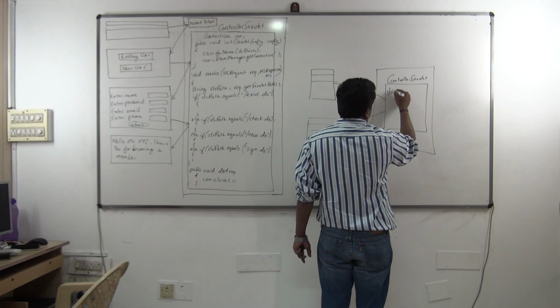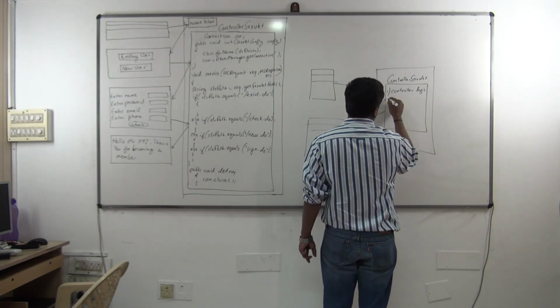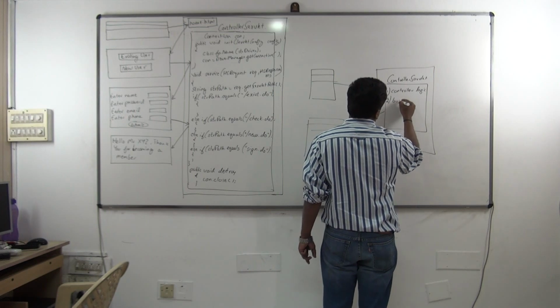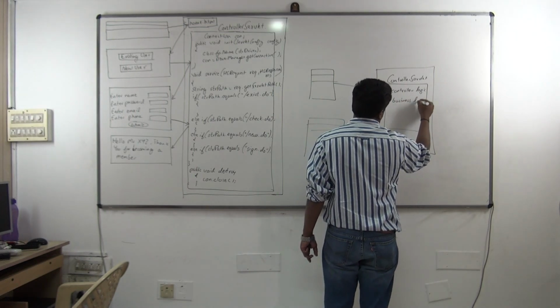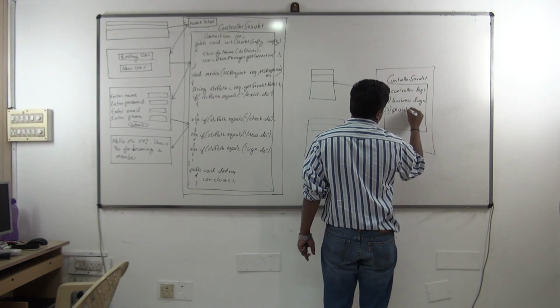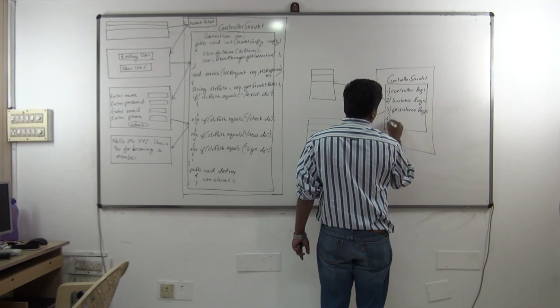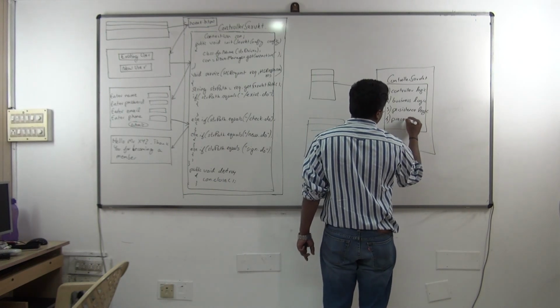One would be controller logic. I have to show you everything now. Second would be business logic. You already wrote all this. Third would be persistence logic. And fourth one would be presentation logic.